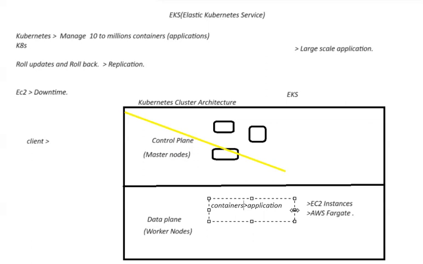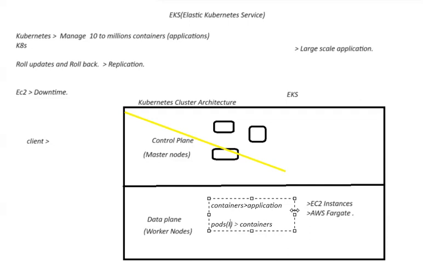Now where are these containers present? Your containers are present under pods. So what is this pod, sir? It is nothing but your VM, virtual machine. You can even say it's an instance.